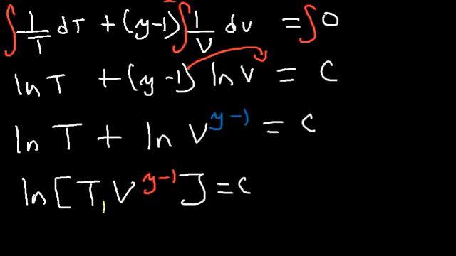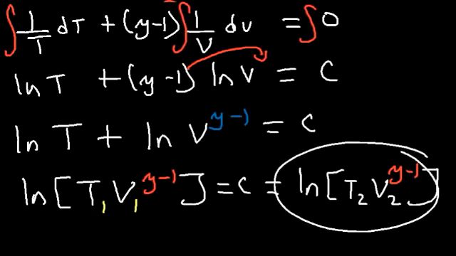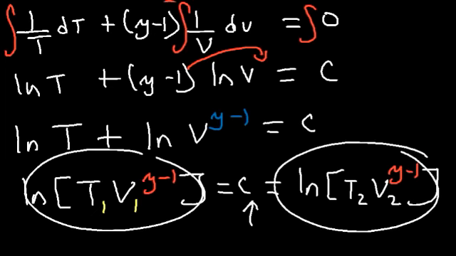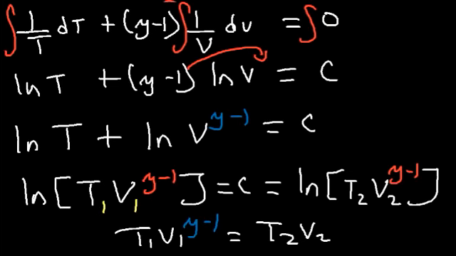So ln T1 V1 to the gamma minus 1 is equal to a constant, which is equal to ln T2 at a different temperature and V2 at a different volume, but raised to the gamma minus 1. So if these two are equal to the same constant, they must be equal to each other. So we can say that T1 V1 to the gamma minus 1 is equal to T2 V2 to the gamma minus 1.